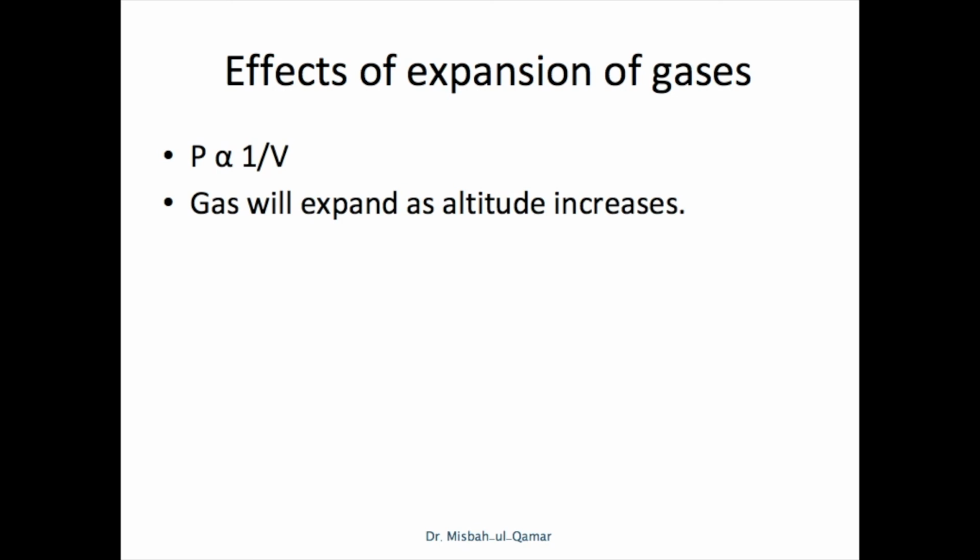For example, at 18,000 feet and an atmospheric pressure of 400 millimeter of mercury, the volume of 1 liter will become 2 liters, and at 30,000 feet and at the pressure of 225 millimeter mercury it will become 3 liters.